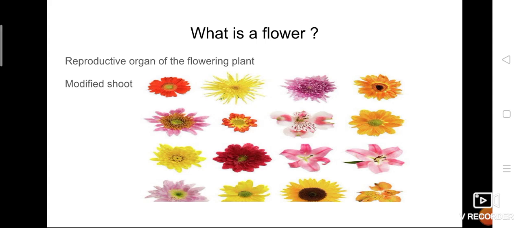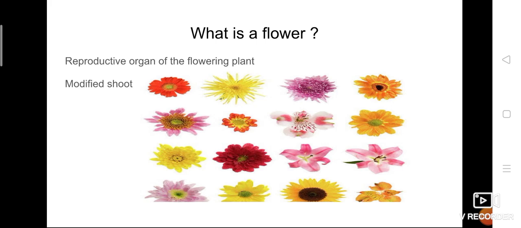See, why does reproduction have to take place? To retain the species. If reproduction doesn't happen, what will happen? The entire species will get lost. If plants do not reproduce, we will have fewer plants on earth. That's why reproduction is needed.